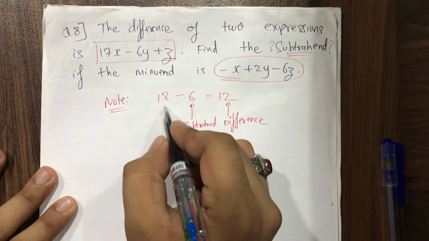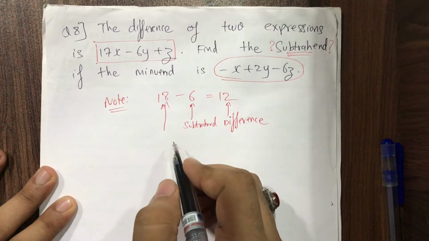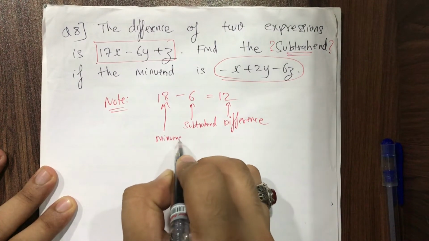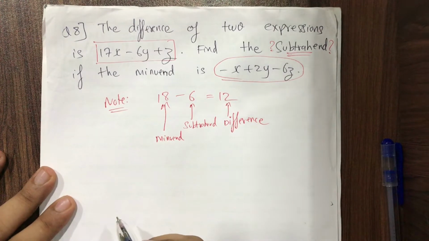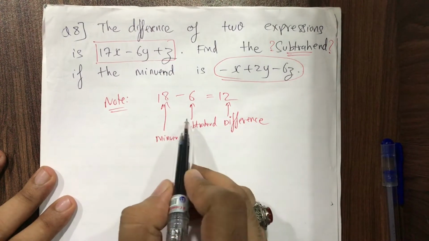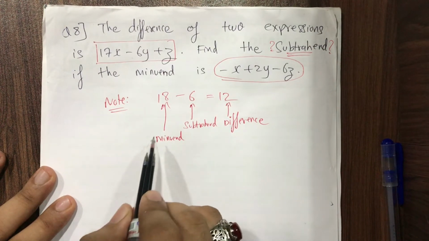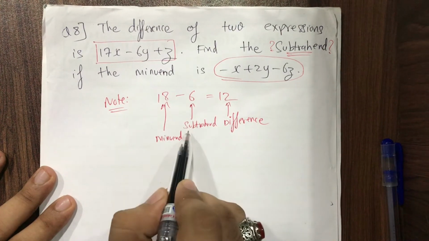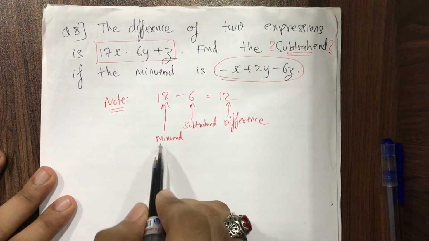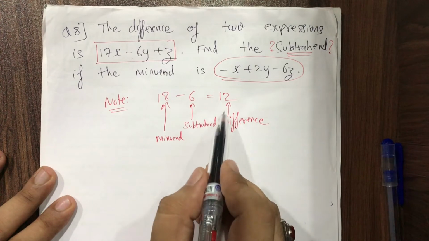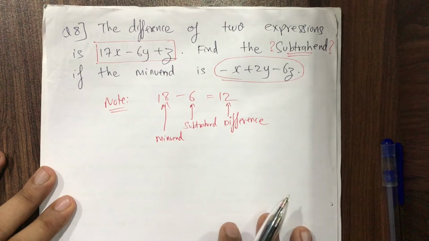I am removing this 6 from 18. This 18 is called as minuend. I am subtracting 6 from 18. So this 6 is called as subtrahend. 18 is called as minuend. And their answer 12 is called as difference.